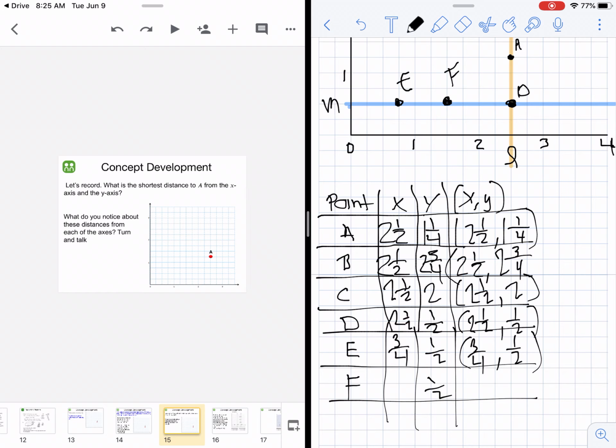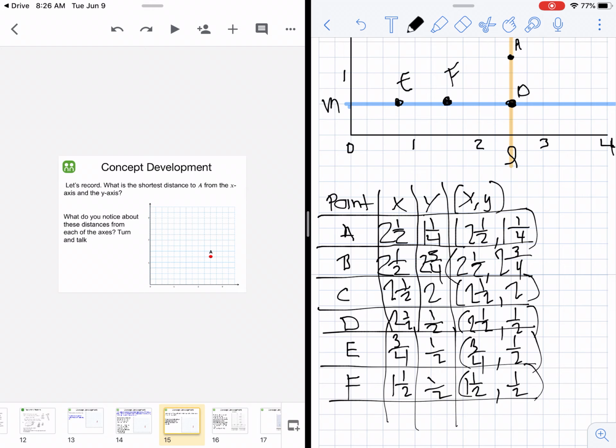So 3 points farther from the y-axis would be F. So F is at 1 1/2. And fill in your table. Nice job. Nice job, everyone.